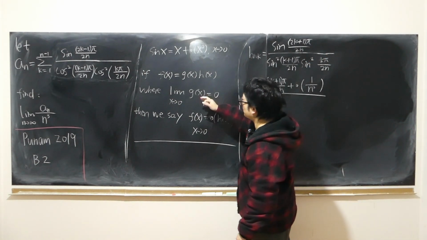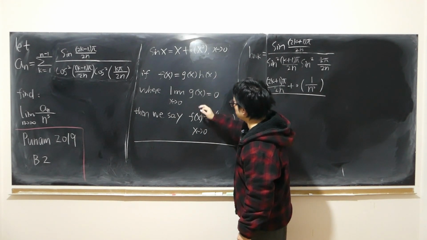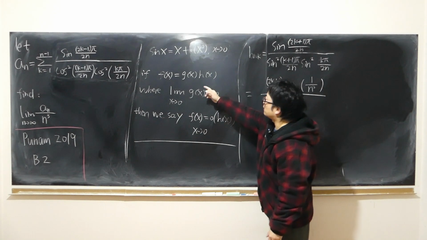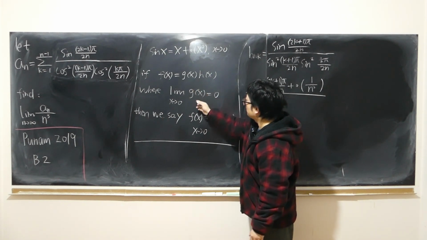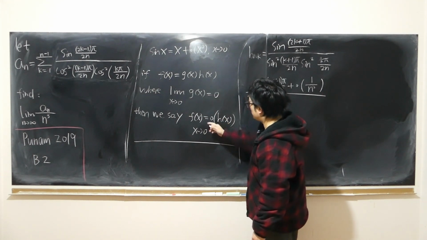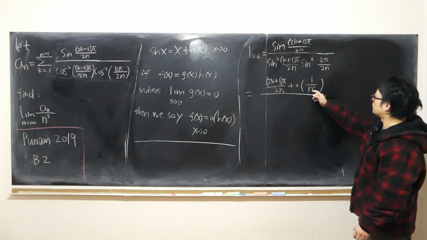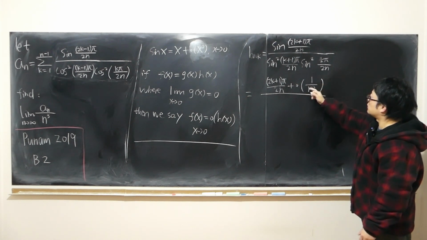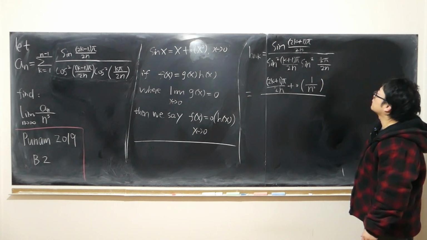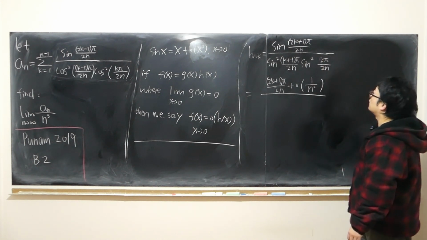I'm not going into details, but this is why, the definition: as long as we can rewrite f(x) into some function approaching 0 times h(x), then we say f(x) is little o of h(x). Little o means this term approaches 0 faster than this term. Other constants don't matter, times some constant, just throw them away.